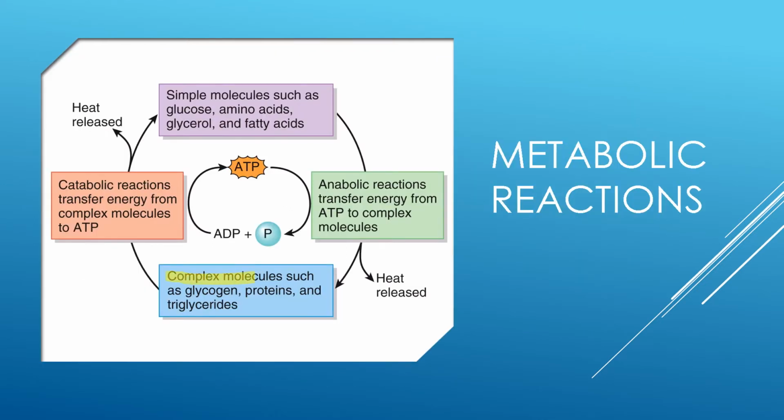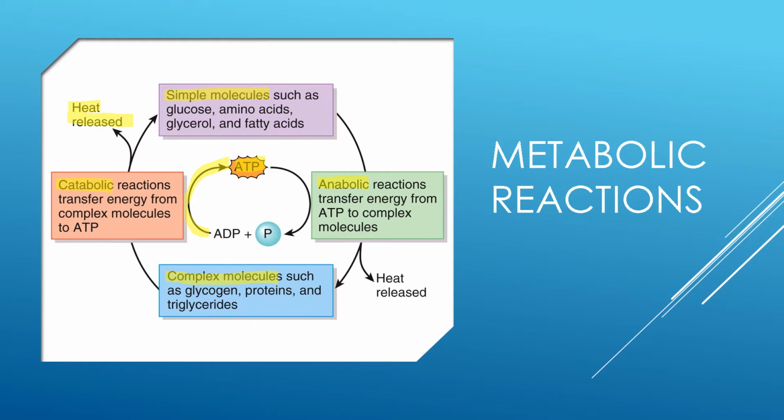Now, when complex molecules and polymers are split apart in catabolic reactions, some of that energy is transferred into ATP here. And then the rest of the energy that's released from this reaction is released as heat. Now, when simple molecules and monomers are combined to form complex molecules, this is anabolism.